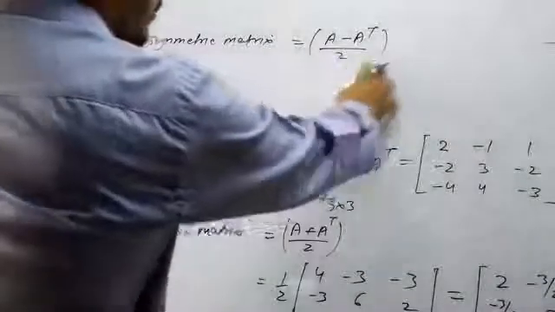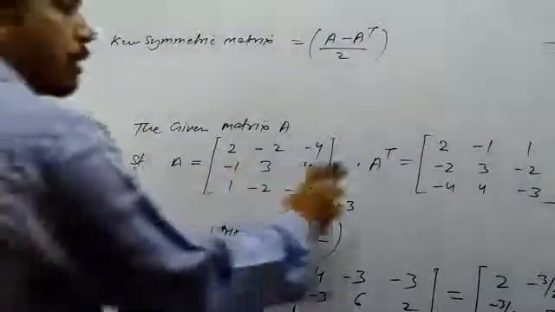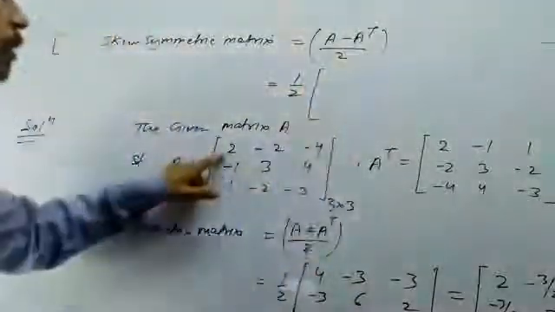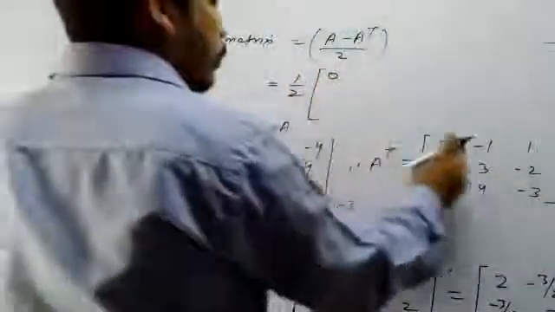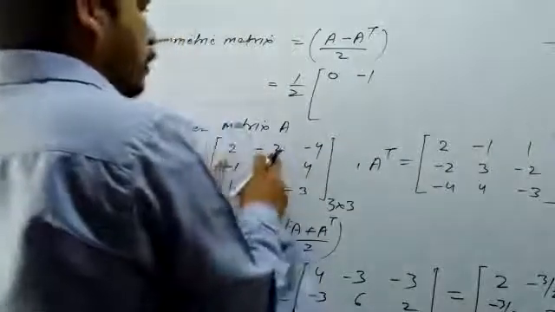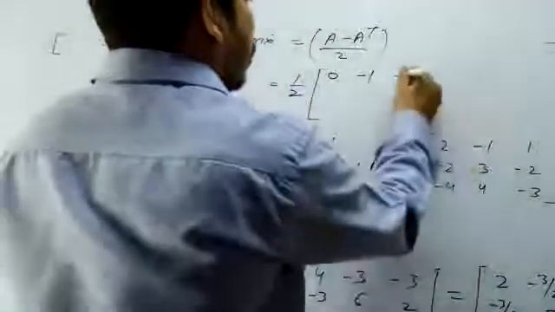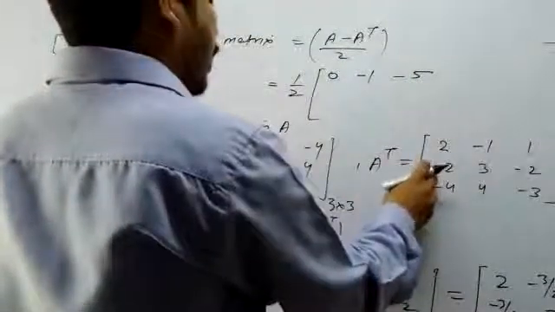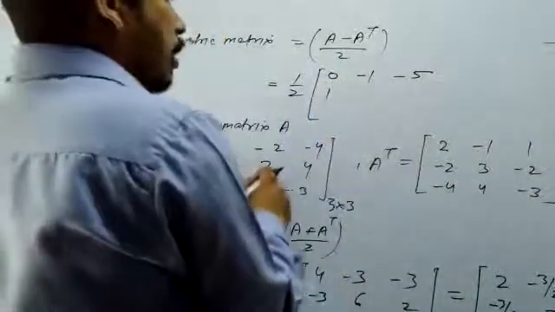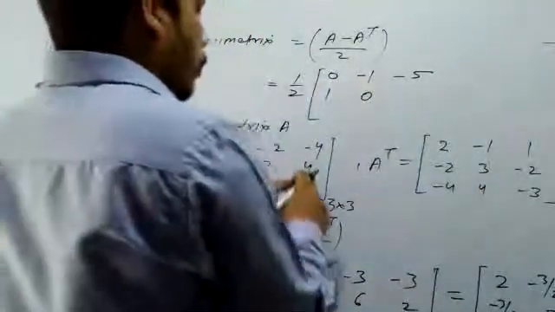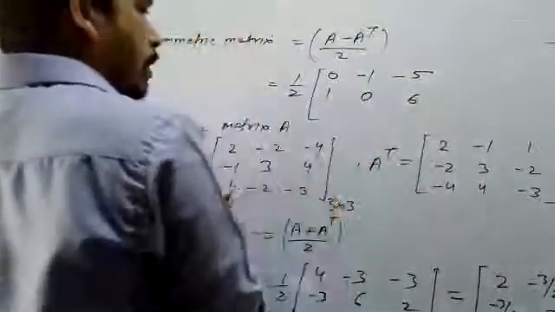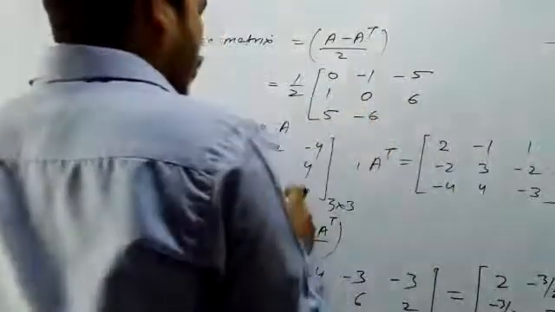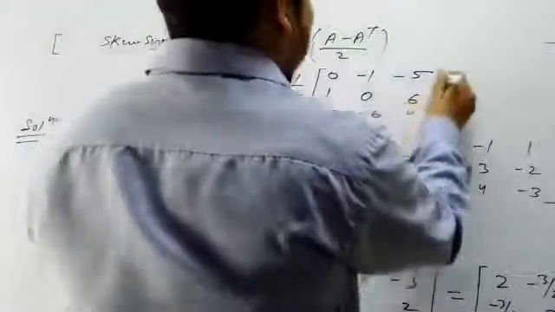You will subtract these two matrices. The result you will get is 1 by 2 of 2 minus 2, 0, minus 2 plus 1, minus 1, minus 4 minus 1, minus 5, and minus 1 minus 2 means minus 1 plus 2, that is 1, 3 minus 3, 0, 4 plus 2, 6, 1 plus 4, that is 5, minus 2 minus 4, that is minus 6, and minus 3 plus 3, that is 0.